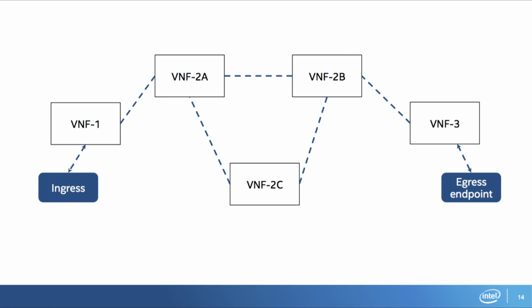So here is a very simplified example of a virtual network function chain. We have packets that are coming in, and they are processed through a series of virtual network functions. Each VNF would do some kind of processing on the network packets, like NATing or firewall or filtering of some sort.